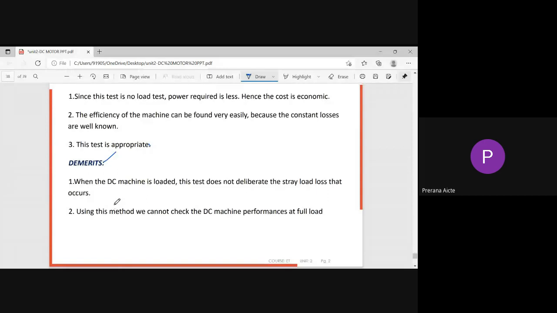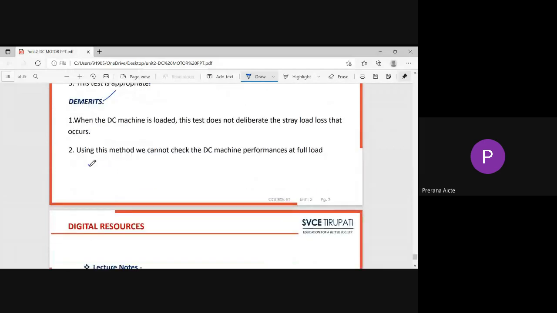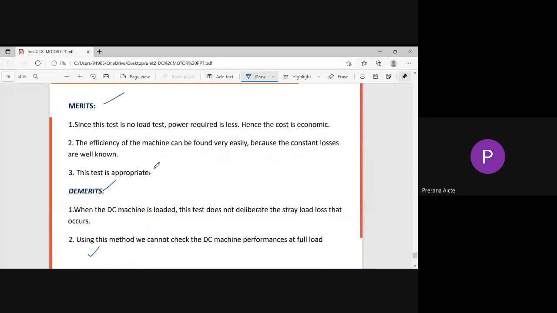These are the demerits, and also one more demerit: this test is not applicable for a series motor. Why? Because a series motor cannot be operated at no load condition. This Swinburne test is conducted only with compound motors and shunt motors. This test is not suitable for a series motor.